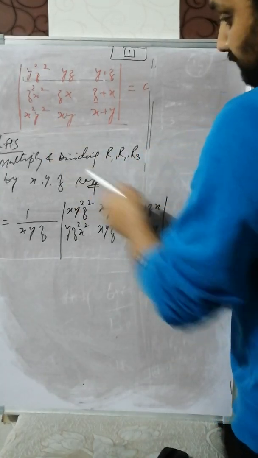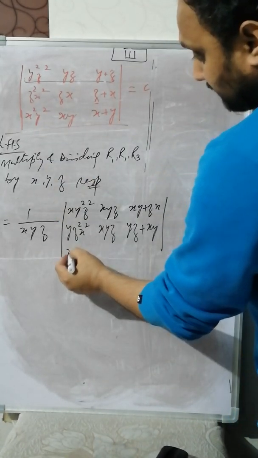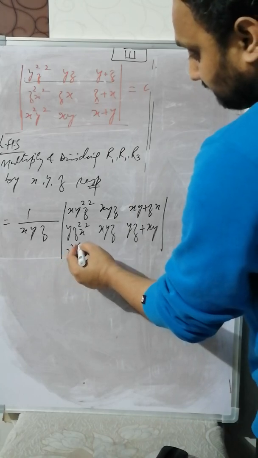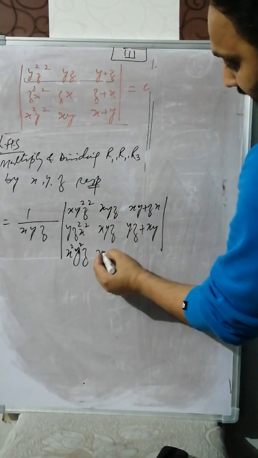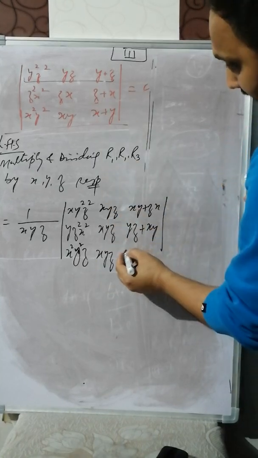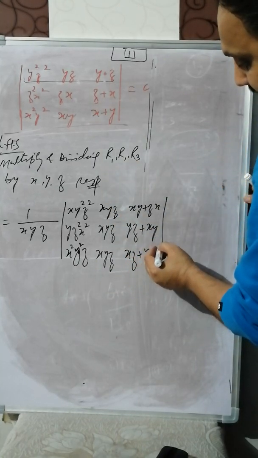And what about the third, z से मल्टीप्लाई किया इसको, so it was x square y square into z, that was xyz, and this was xz plus yz.